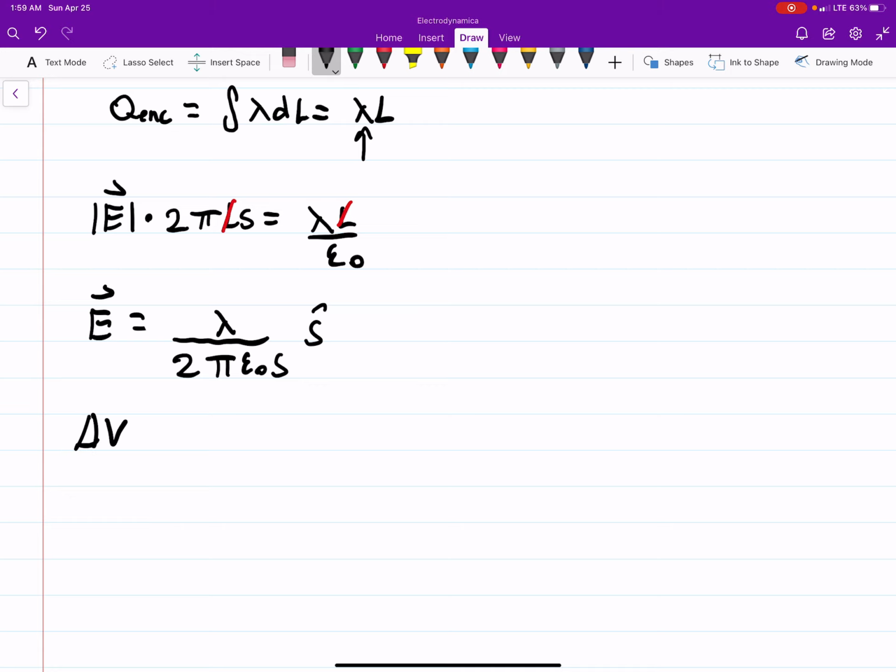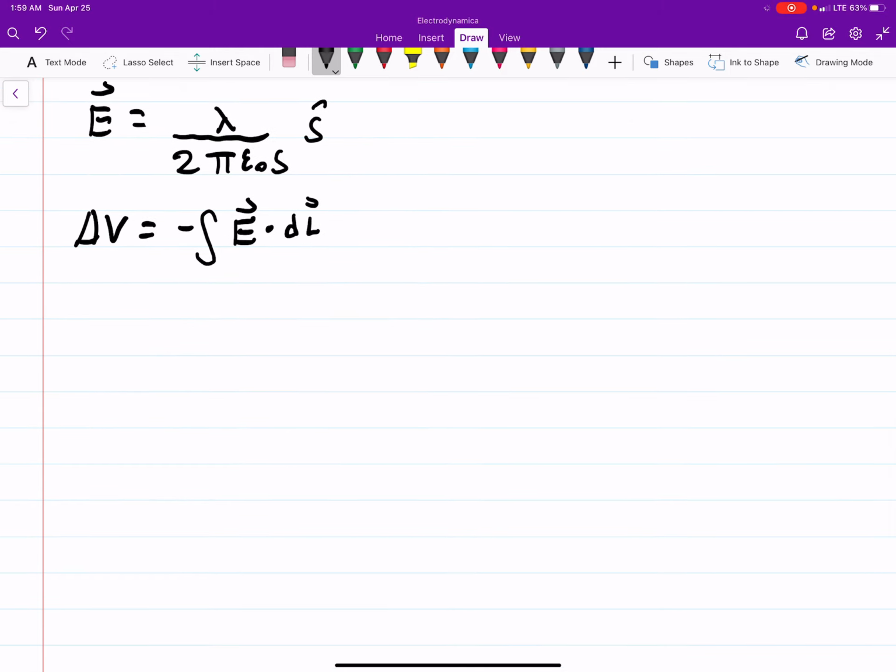So delta V is equal to minus the integral of E dot dL. Now, we'll just say that it goes to S from, let's say, some point A. It doesn't really matter what, we'll call it that.